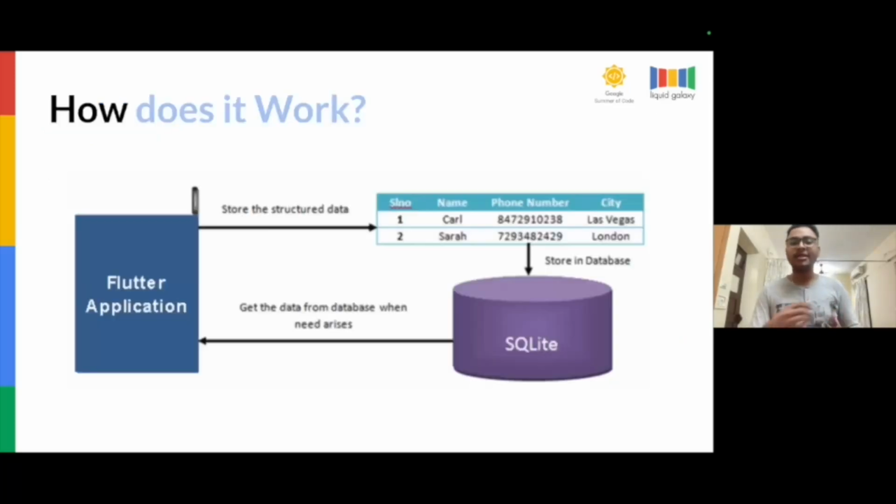There is a basic cycle that I have shown of how it works. So this is the Flutter UI interface on your left. It takes the data as input and stores it in the form of a table. Yes, this is one of the important things, that it stores the data in the form of a table in every database that you can observe. So there is a particular format in which we enter and save our data.